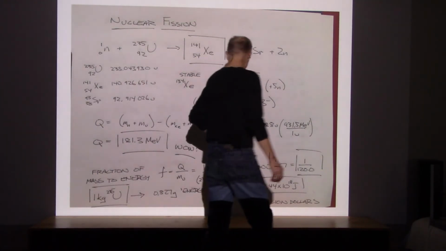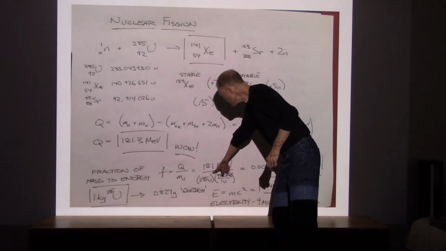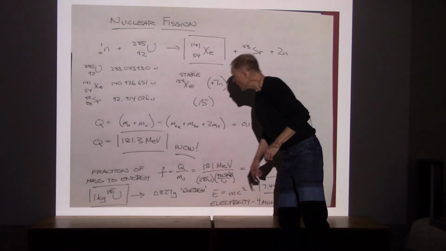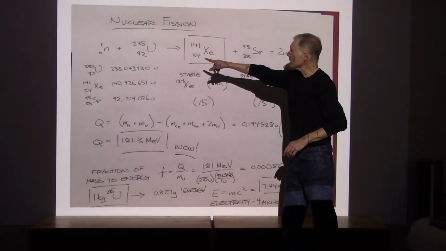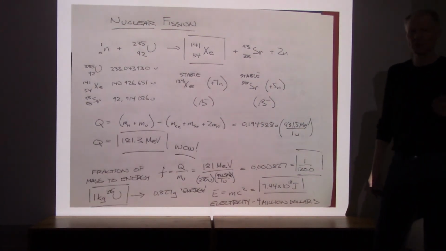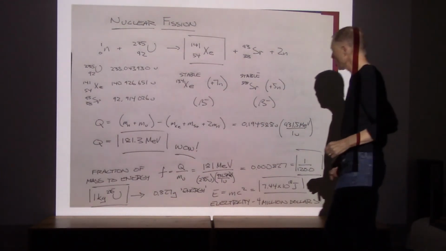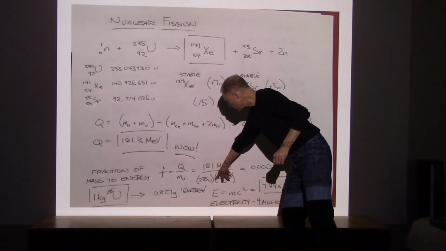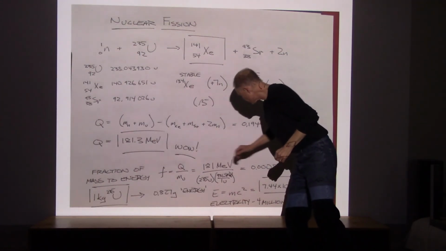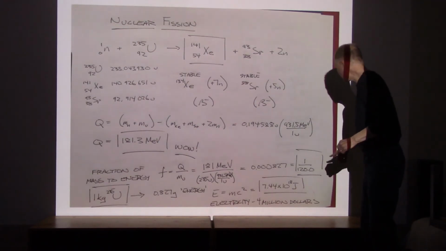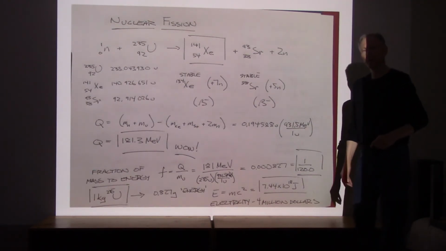So again, what I'm thinking of as the investment we made was really just the uranium-235, and that's because once the reaction gets going, the neutrons are for free. I don't have to keep generating additional neutrons. So here is the energy equivalent of the mass 235 to start with. Here is how much kinetic energy we get in the reaction. 0.000827, or about 1 part in 1200.